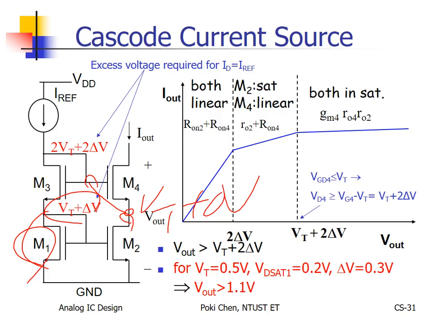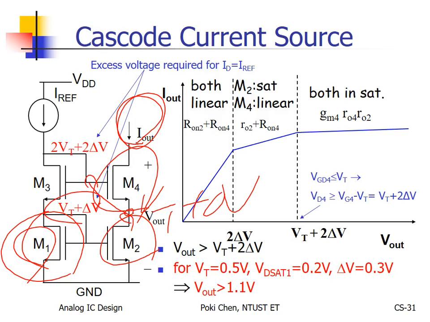Because for M1, the same. Right? You don't have any kind of channel length modulation between M2 and M1. Why? Because M4, the bar will help you to absorb all the voltage difference from your output. Never mind it is higher or lower. M4 as a buffer, they help you to isolate this node.